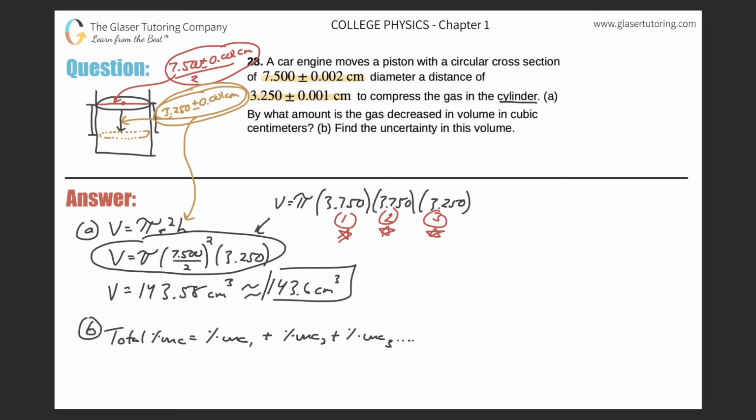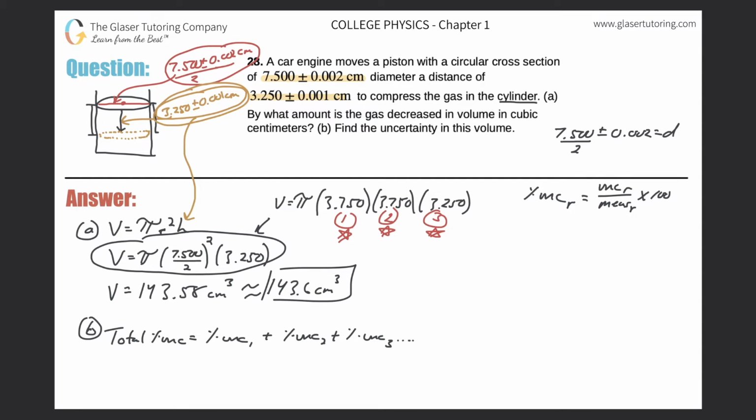Let's write that over here. The percent uncertainty of the radius will be equal to the uncertainty of the radius divided by the measurement of the actual radius multiplied by 100. Now remember that the diameter was 7.500 plus or minus 0.002. And in order to find the radius, I had to divide this value by 2.